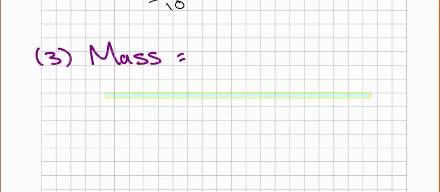A third measurement is about mass, and normally we may use a ruler and a known mass to find the unknown mass that we have, like this ruler here, where you put it on a pivot in the center of the ruler, then you put the known mass on one side and the unknown mass on the other side.